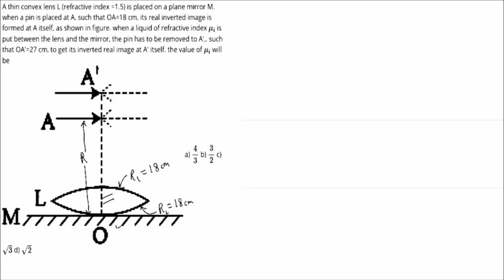Now, applying the lens maker's formula, that is 1 upon F is equal to mu minus 1 upon R1 minus 1 upon R2. Mu we have 1.5 for the lens, minus 1, and R1 value is 1 upon 18 minus 1 upon, this is the other side radius of curvature of that lens, so it will be minus 18 as per the sign convention.